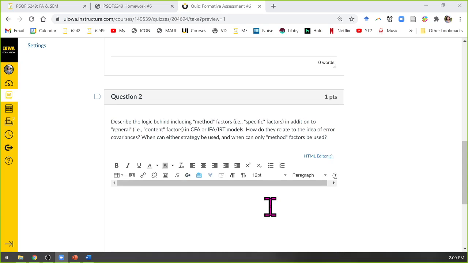So they represent the idea that there are additional reasons why your indicators are related beyond what you thought. And so putting them in as a factor allows you to have those additional relationships, but have a little more control over how to interpret them. So ideally, for instance, if you had some items that were worded positively and some items that were worded negatively, you might have a positive wording specific or method factor and a negative factor.